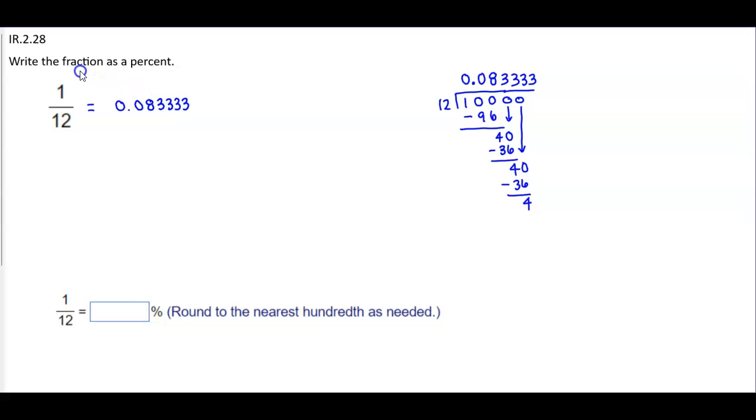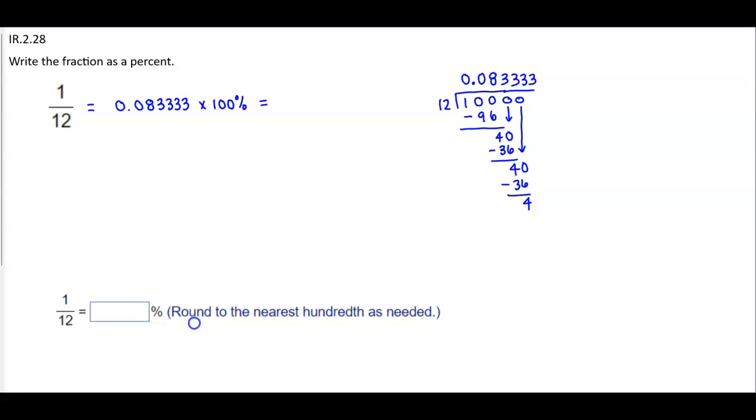We're asked to write this fraction as a percent, and down here it's telling us to round to the nearest hundredth as needed. So you don't want to round yet until you convert it to a percent. Remember that when you convert this to a percent, you need to multiply by 100%.